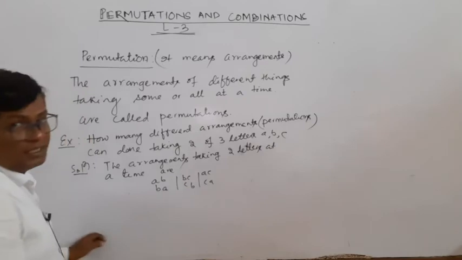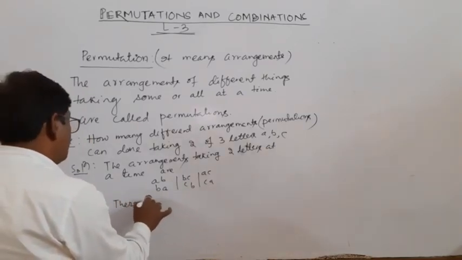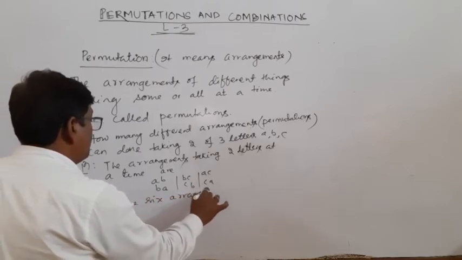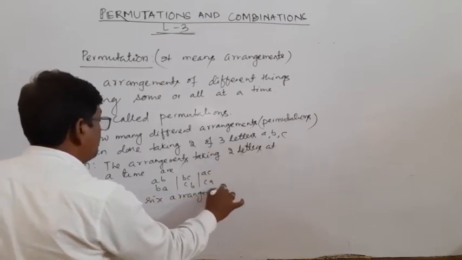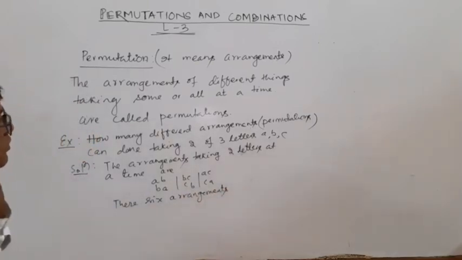There are six arrangements, or permutations.